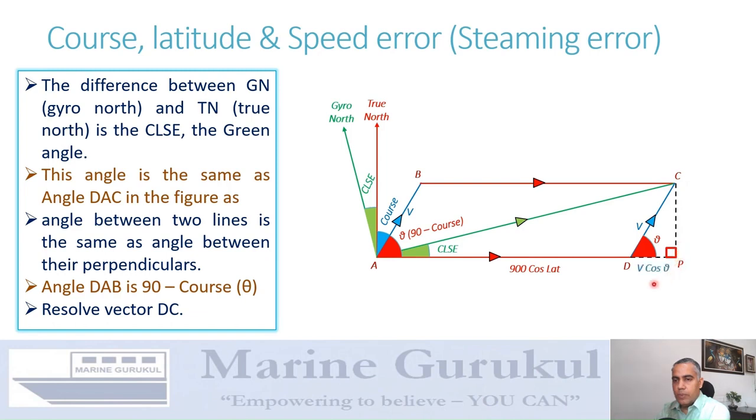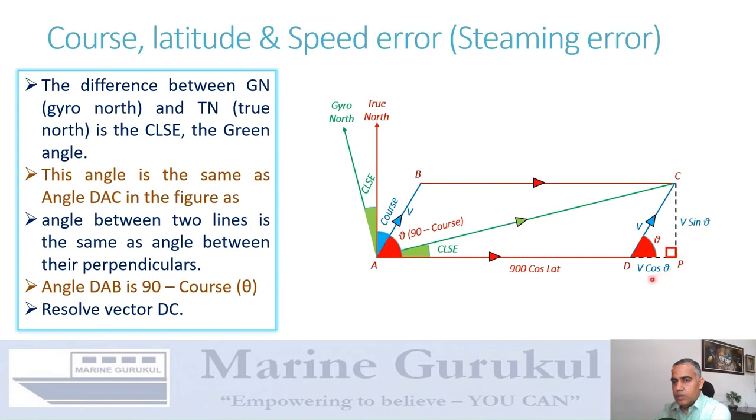So if we use these ratios, we can easily find out that Delta Papa side is given by V cos theta. V is the magnitude of the ship's course and distance vector. So this vector multiplied by cos theta gives us the side Delta to Papa. And the side Charlie to Papa is given by V sin theta.